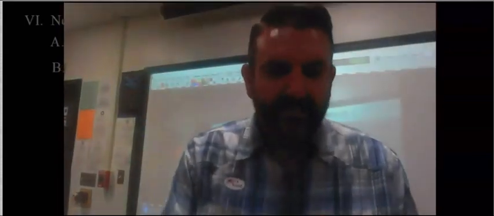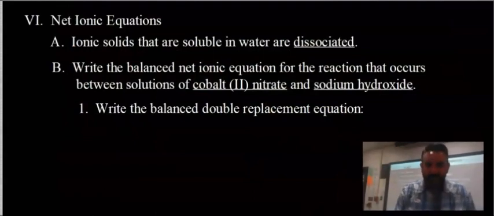So we see we got solution still there, but we got this blue substance. Actually, I don't know if you can tell. That blue substance is a precipitate. So this is a double replacement reaction that produces a precipitate. So again, we want to be thinking about what's in here when we write our balanced equation. Let's go ahead and do that.